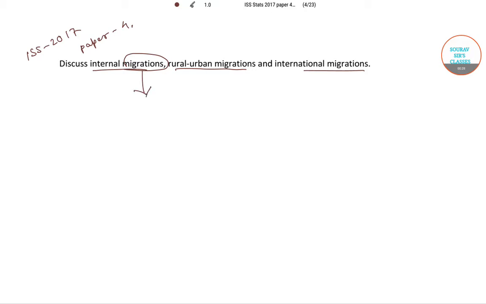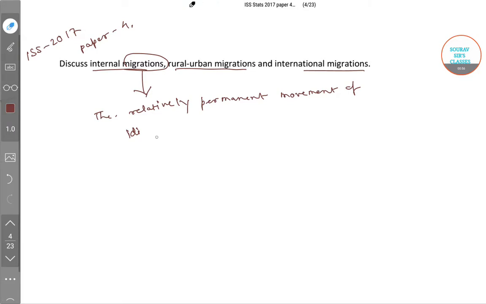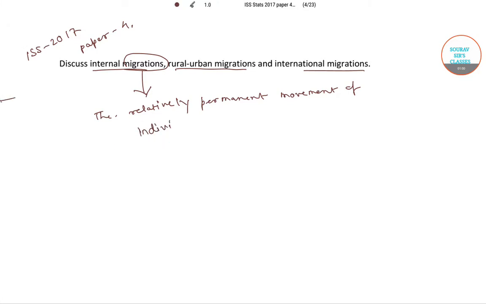Now migration is a relatively permanent movement of individuals or a group over varying distance. So it is the relatively permanent movement of individuals or groups over varying distance to change the place of residence.